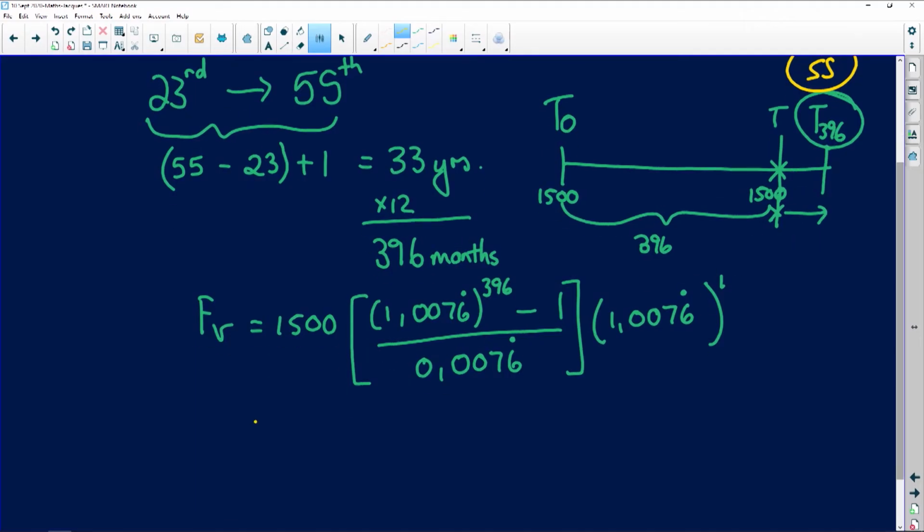Normal compound interest, by the way. Okay, so if you go to your calculator and you work this out, this gives you 3,831,277.93. Now that I still need to take forward. So this is just the sum over here.